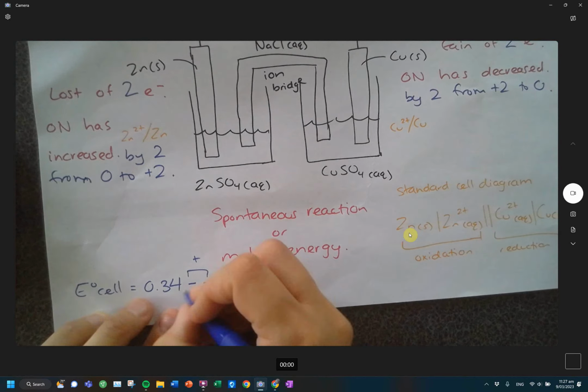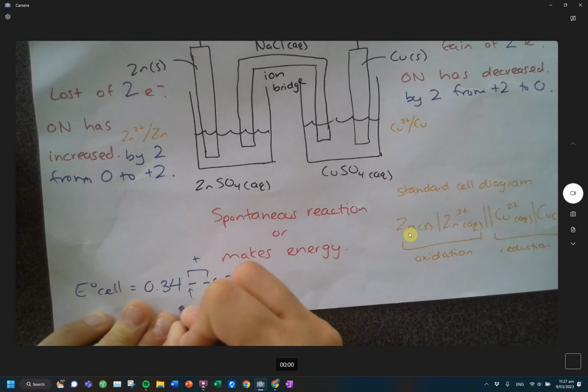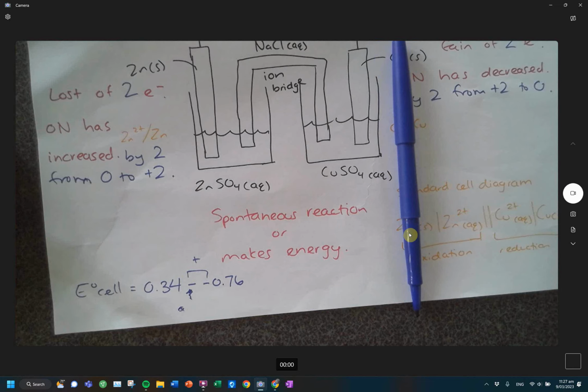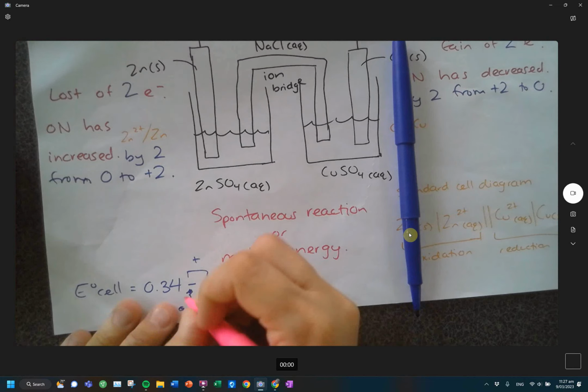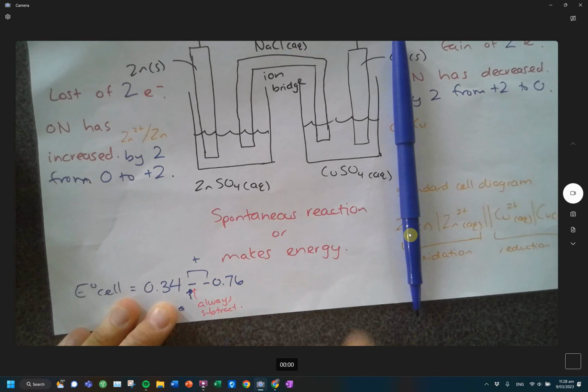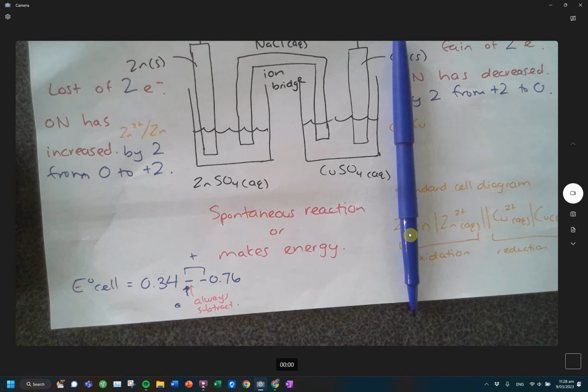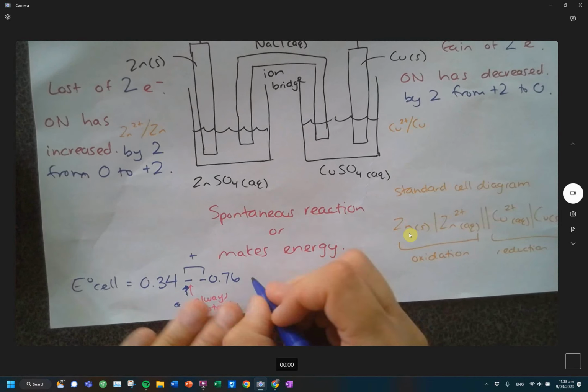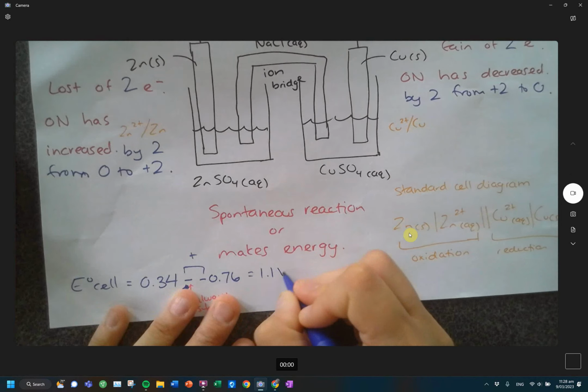So just watch out, but it's always minus. I'll write that note because you guys are like, meh. Always subtract. Okay? All right, so I get 1.1 volts.